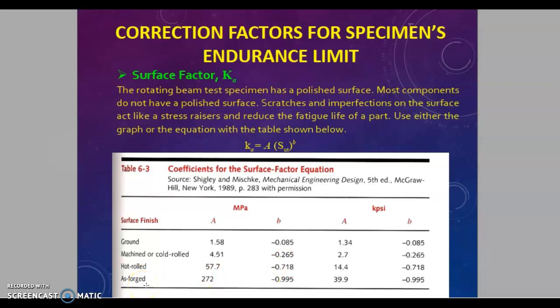As forged, this value. So depending on these, Ka is determined. Either these values are given, or the Ka value is given directly in the numerical, and from that value you have to solve the numerical.